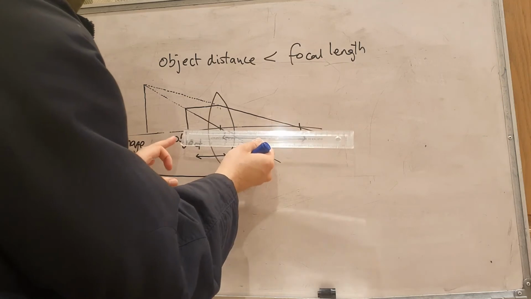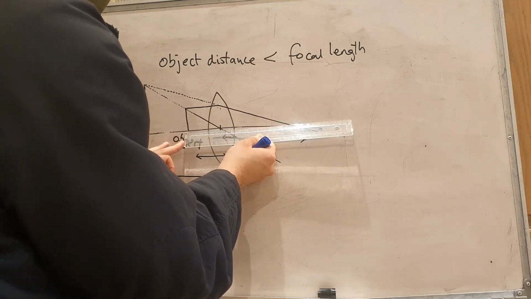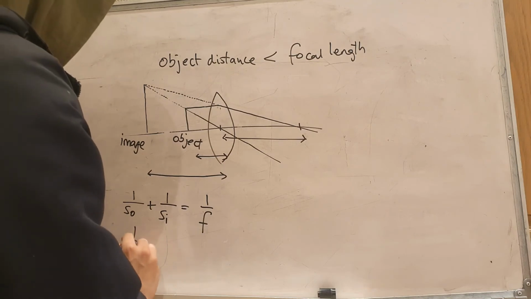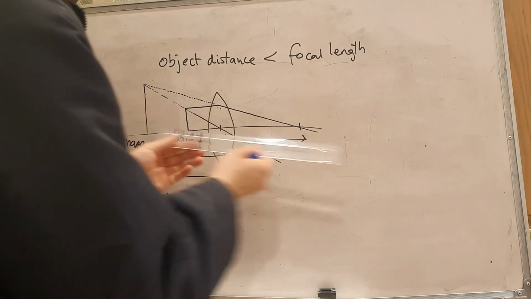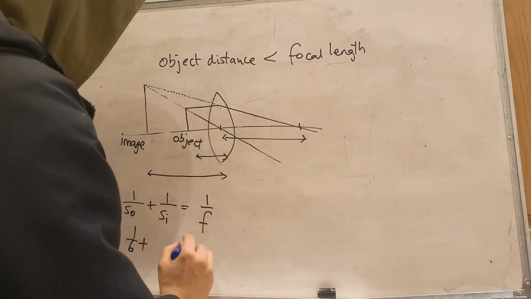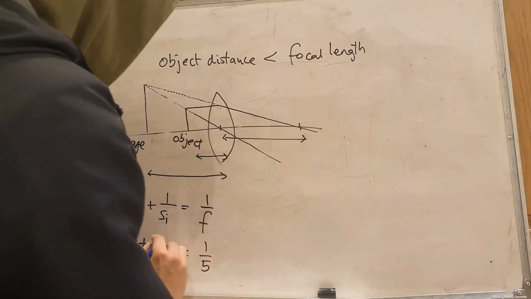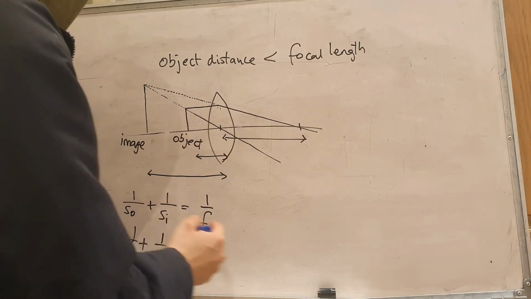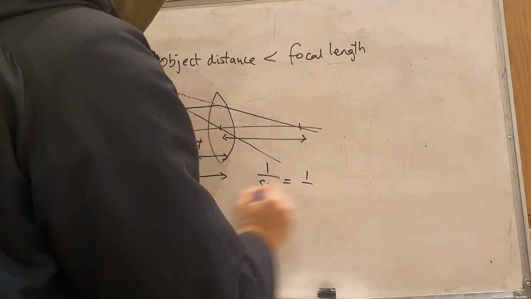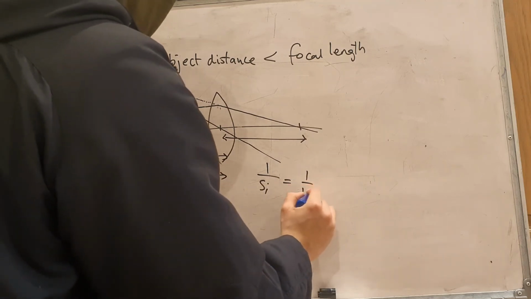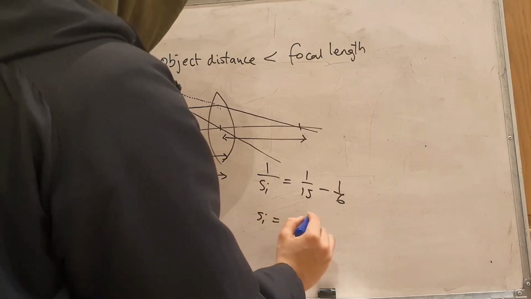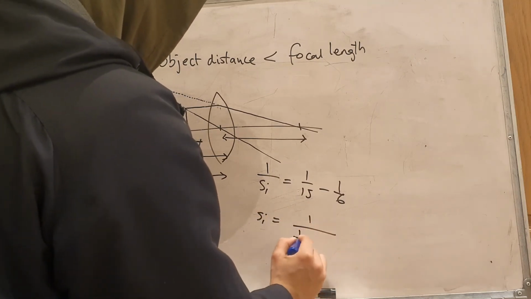So if the object is, let's just say, 6 centimeters, and the focal length is 15, then 1 over 6 plus 1 over SI equals 1 over 15. Rearrange: 1 over SI is equal to 1 over 15 minus 1 over 6. And therefore SI is equal to 1 over all of that.